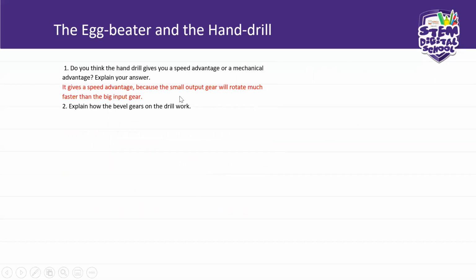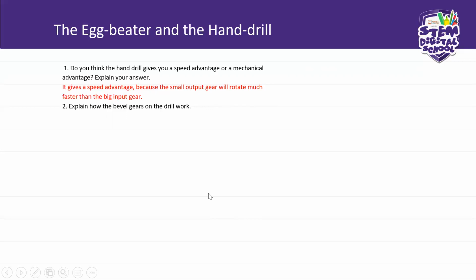It gives you a speed advantage because the small output gear will rotate much faster than the big input gear. Remember, the driven gear in the hand drill is a small gear, so that gives you better speed.